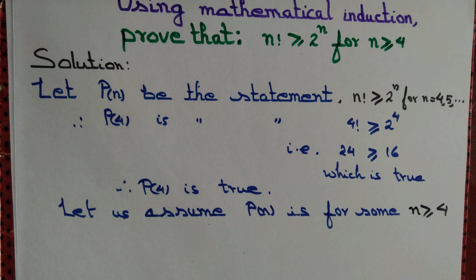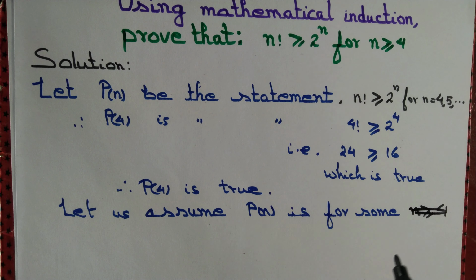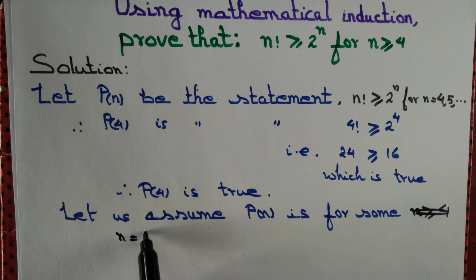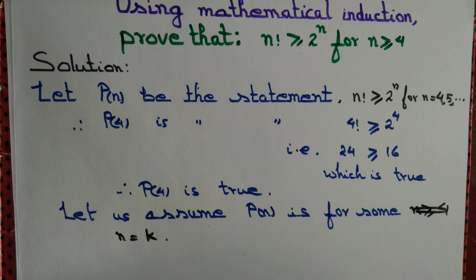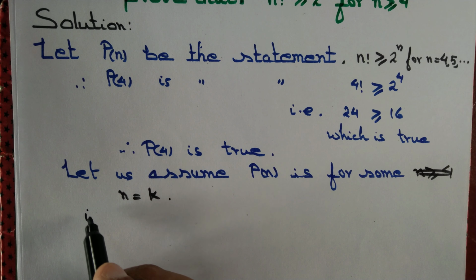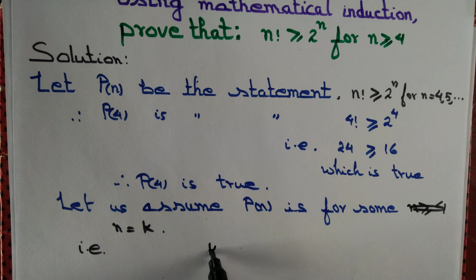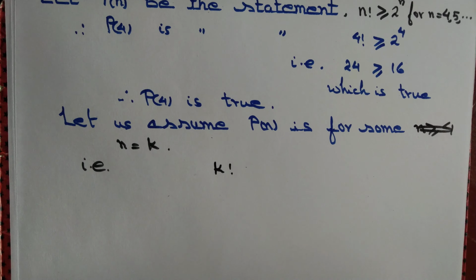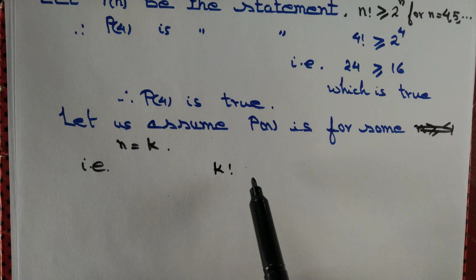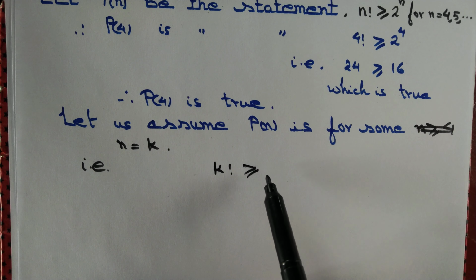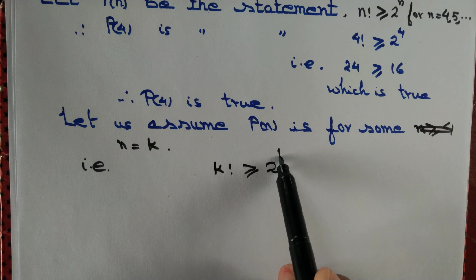Let us assume P(n) is true for some n equal to k. So we are assuming P(k) is true. That is, we are assuming factorial k to be greater than or equal to 2 to the power k.